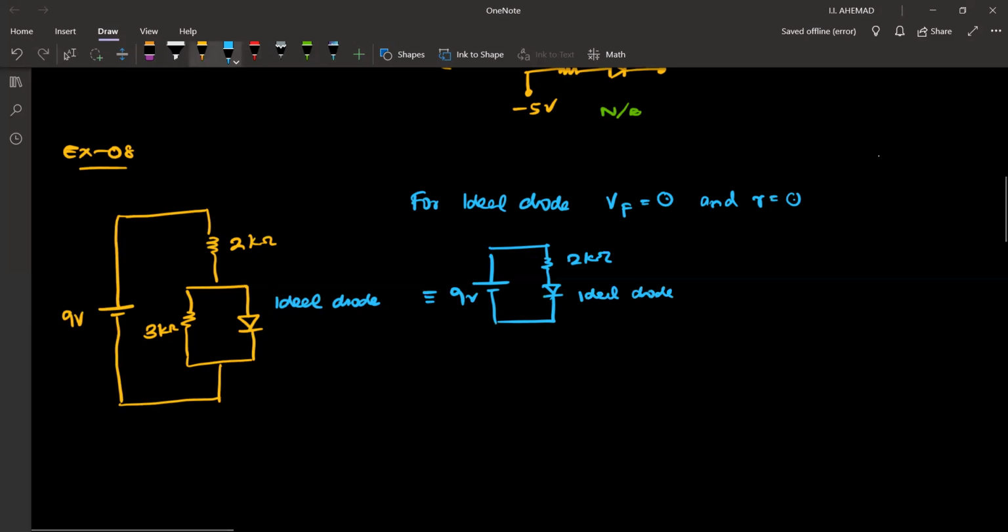So here the 9 volt is going to entirely drop across this resistor because no drop in an ideal diode. So 9 is equal I into 2 kilo ohm. So I is equal to 4.5 milliamperes. Okay.